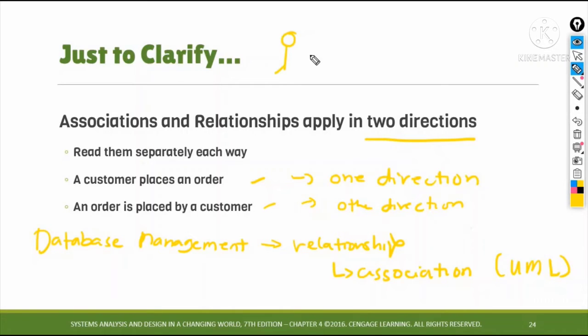So here's a customer that places an order, and then the order is placed by a customer. It is important to understand the associations in both directions because sometimes it might seem more important for the system to record the association in one direction, when a customer places an order, than in the other direction, or the order is placed by a customer.